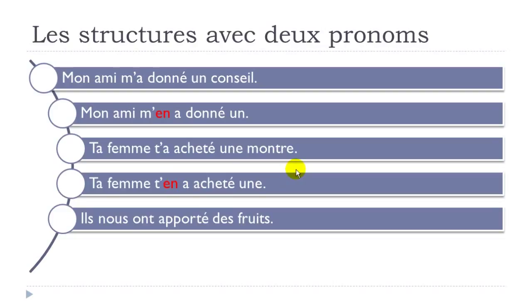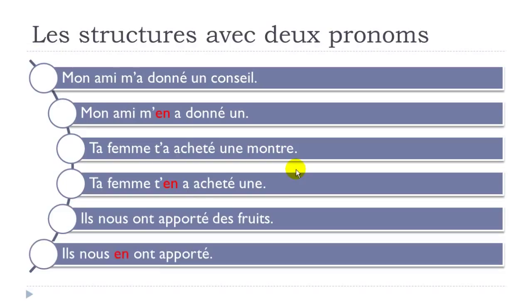And then, ils nous ont apporté des fruits. All right? Same thing. Ils nous en ont apporté. All right? So, nous first, then en. And after that you put your verb, so same rule here, it's composed, so you've got two parts, but still it's only one verb here.